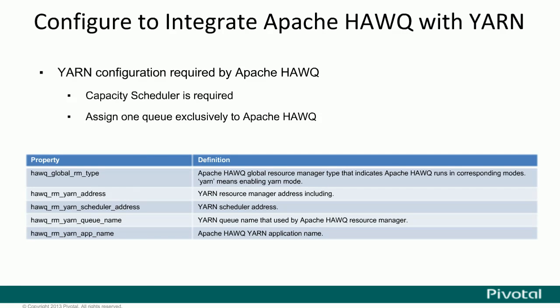The default setting is standalone, meaning that Hawk will statically define its cluster size and run its own containers based on the segment memory settings. So it doesn't need YARN to run, but it can leverage YARN if you would like. The YARN address is just the YARN Resource Manager.